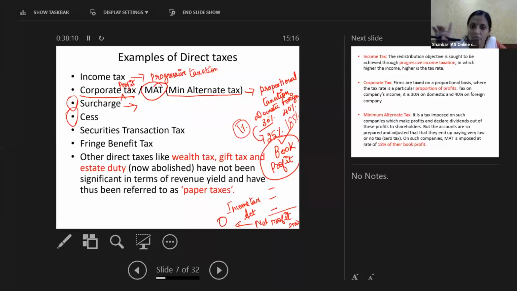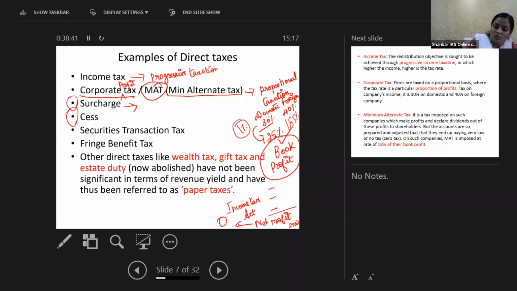If you are clear with this, we will have to tell this again for cess in a different way. But as of now, what we are saying is that surcharge will be levied when we see very high levels of income earning. The government will come into the picture and put a number. If you are earning 10 crores and above, you pay me 10 percentage on the taxes to be paid.